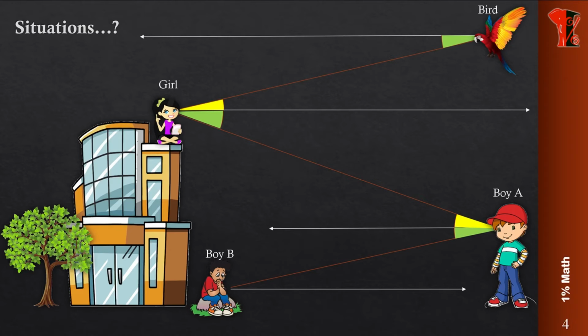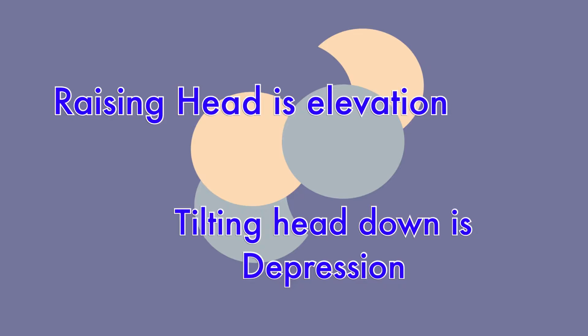Now imagine boy B is watching boy A. That is the angle of elevation. So one thing is clear: if you raise your head, that is the angle of elevation. If you lower your head or tilt your head down, that is the angle of depression.